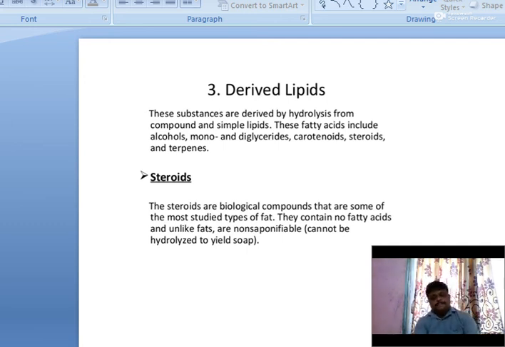So this is simply regarding the types of lipids. So today we have studied so many things, like the definition of the lipids. I repeat again the definition of the lipids.